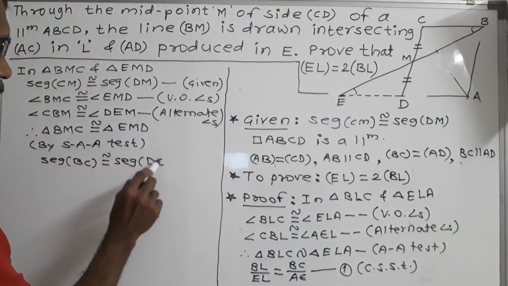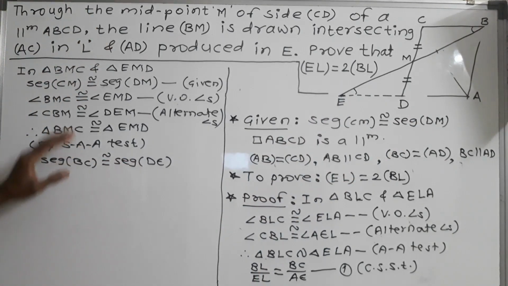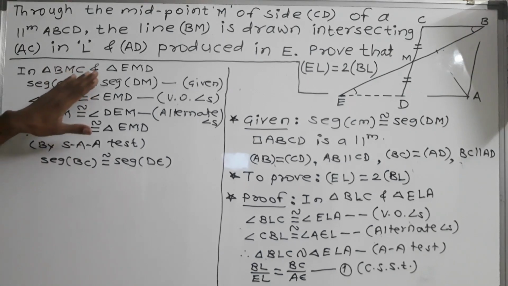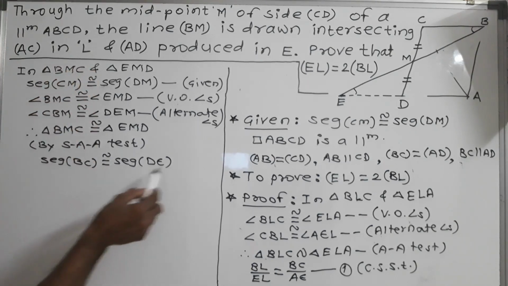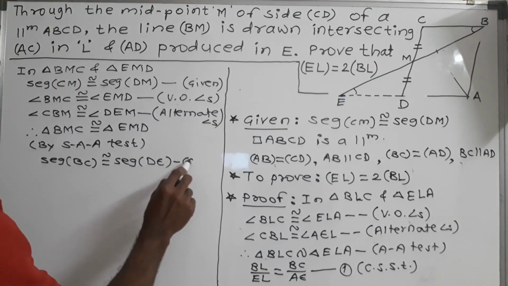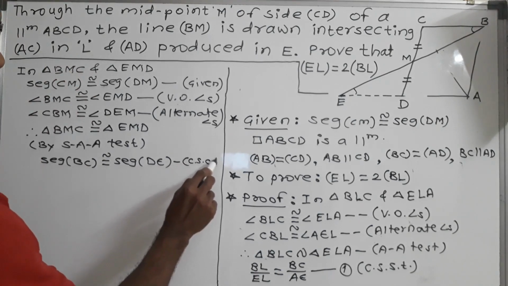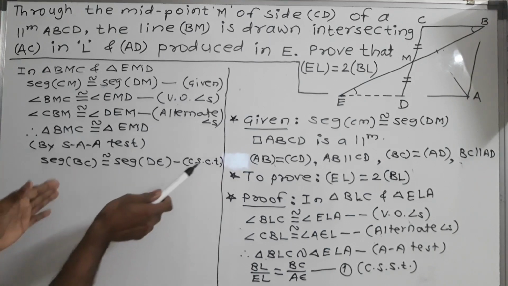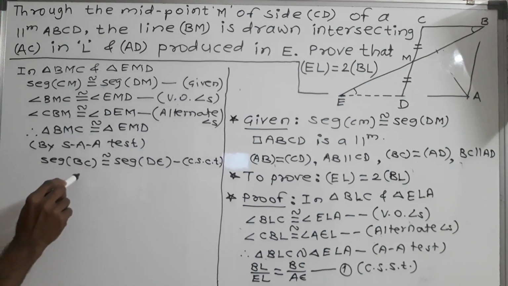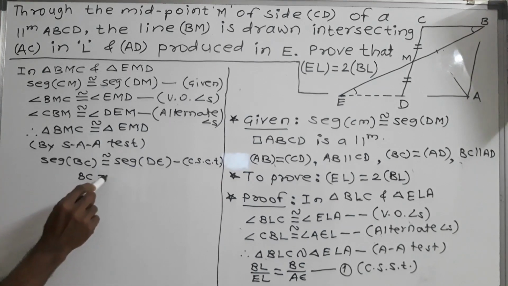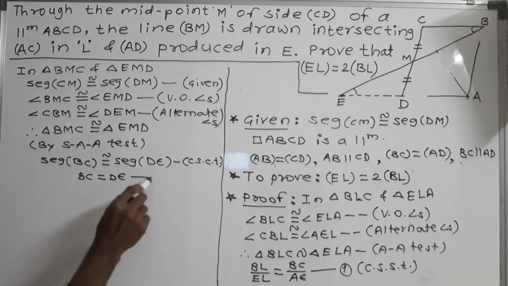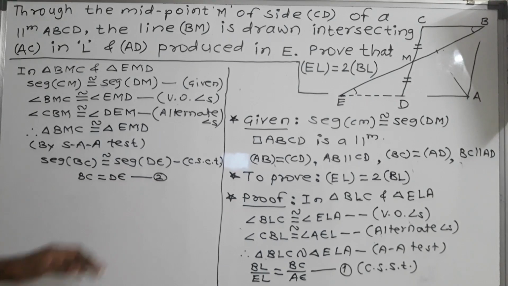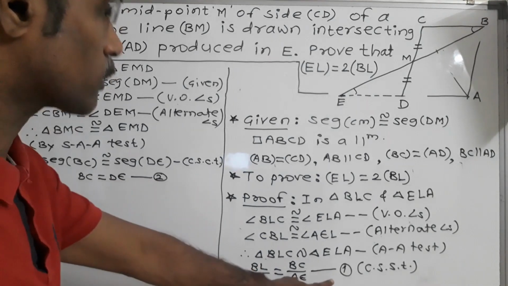This is because of the corresponding sides of congruent triangles. Now we write BC is equal to DE. This is equation number 2.